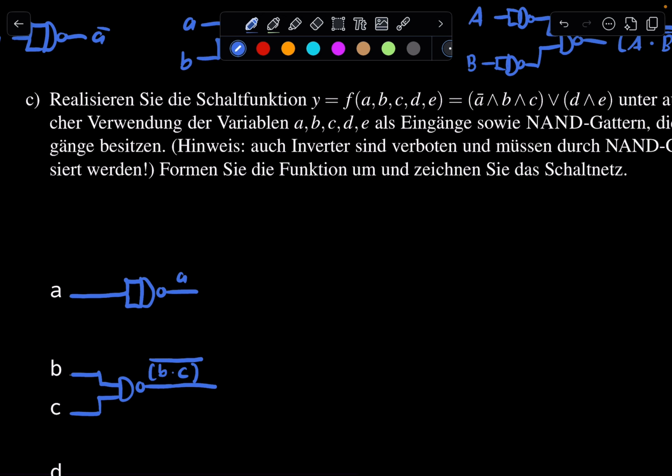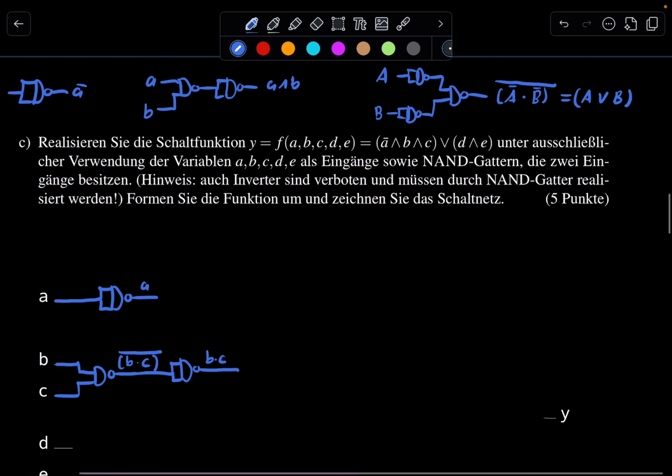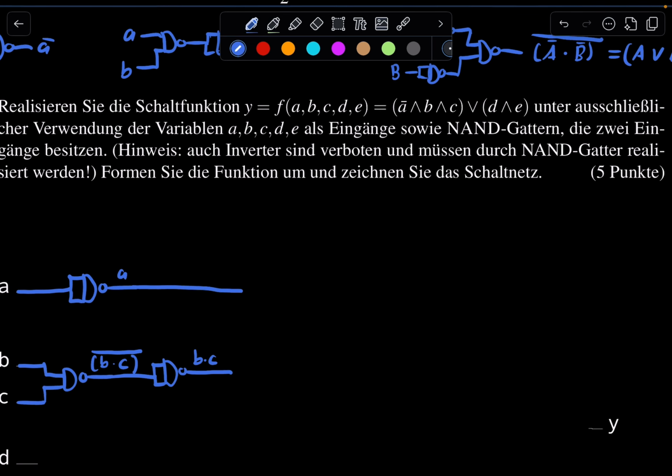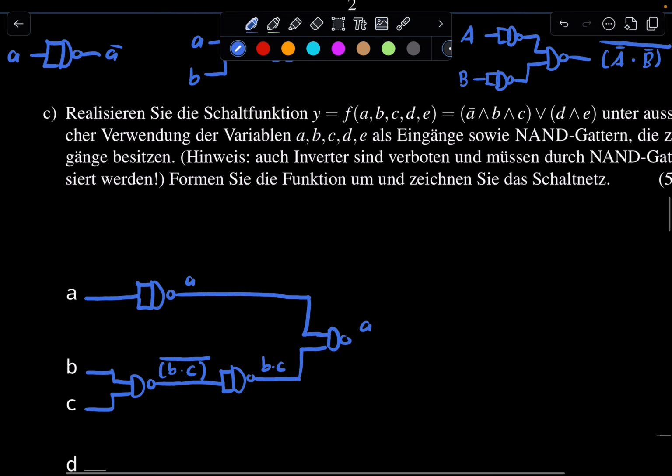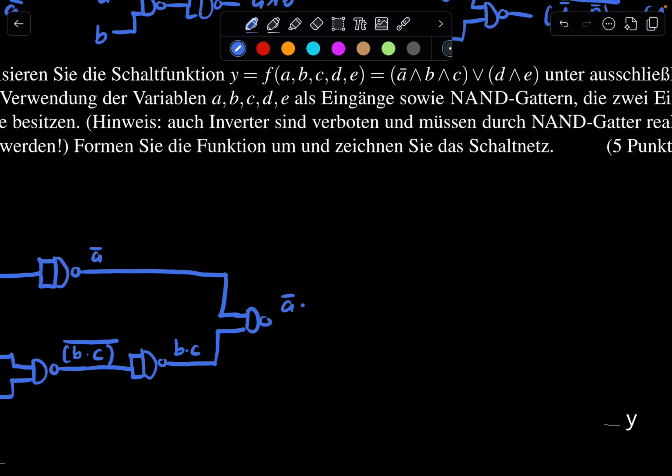So this then goes into another negation, and this will do B and C. So now we want to do the same thing. This is gonna do not A times B and C, which is gonna be not.